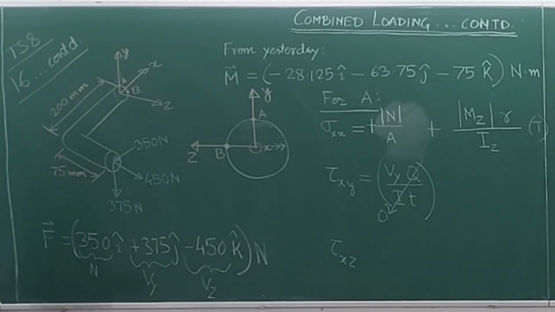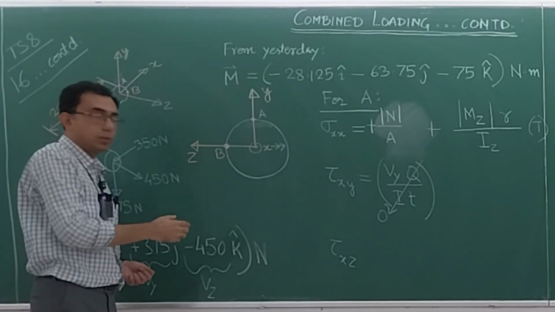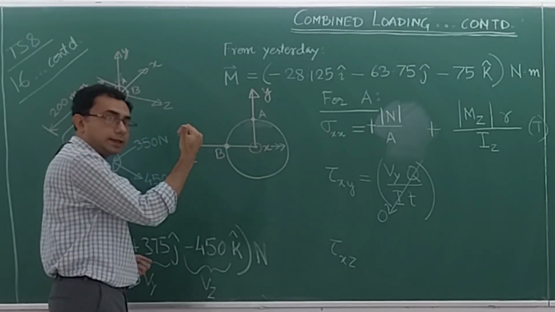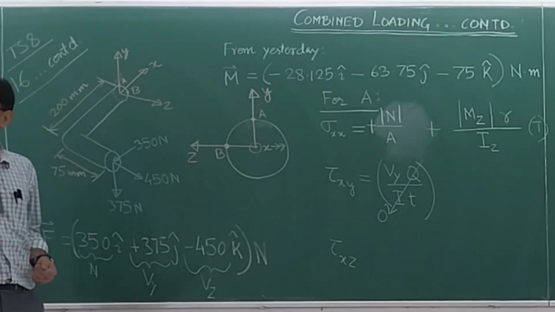Now you see, what is the torque here? Torque is basically a moment. So on this section, the torque will be oriented like this, with the thumb pointing outward or inward. That is what we have learned from the torsion thing.